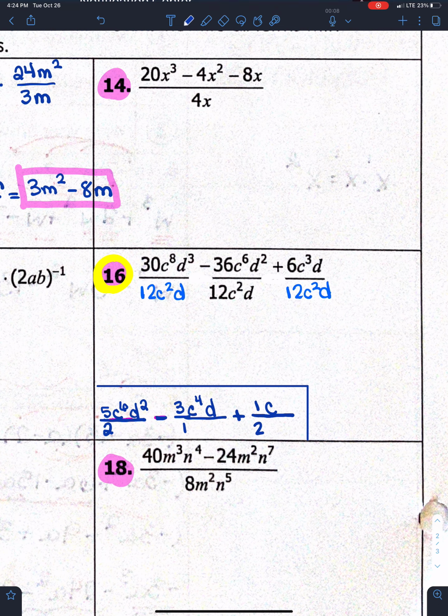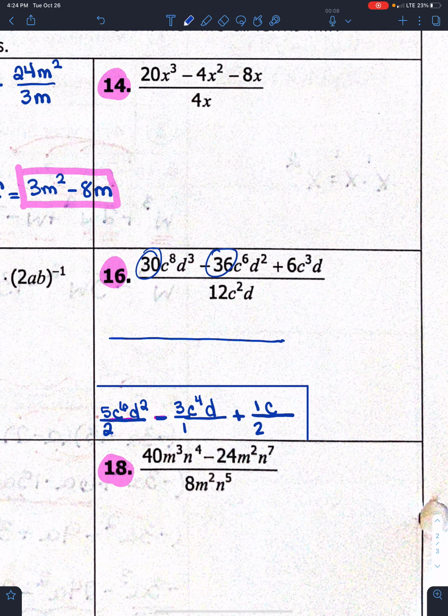Now, using our properties of exponents, let me erase all this stuff. So we're looking at it, just reducing this fraction. What number goes into 30, negative 36, 6, and 12? What can they all be reduced by?